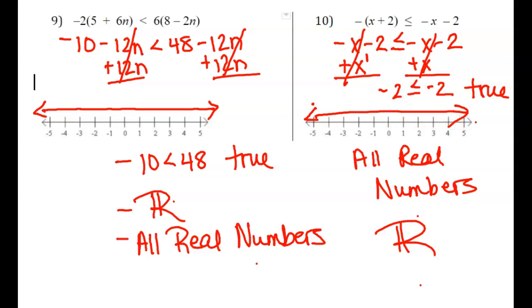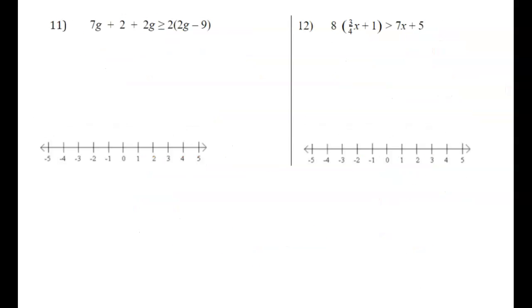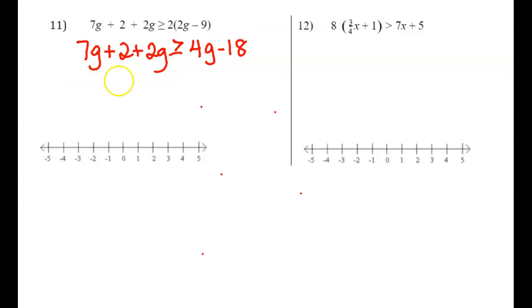All right, so continuing on, number 11. Now I'm going to start by distributing. It's okay if my variable is an x. In this case, it's a g. I'm going to distribute 4g minus 18. I'm going to combine my like terms, so I have 9g plus 2 is greater than or equal to 4g minus 18. I'm going to subtract 4g from both sides.